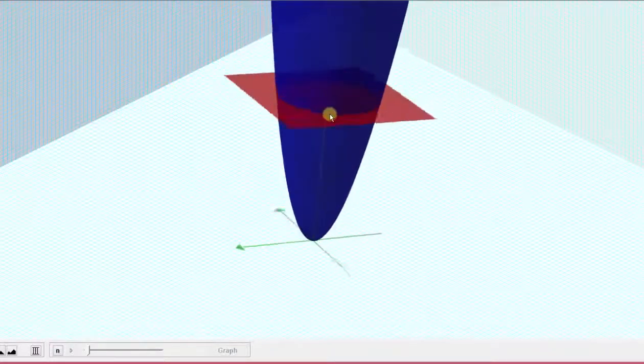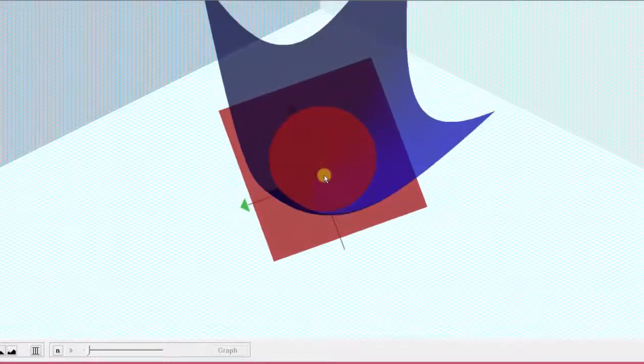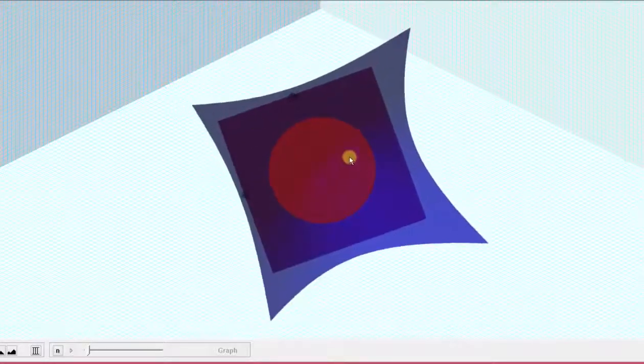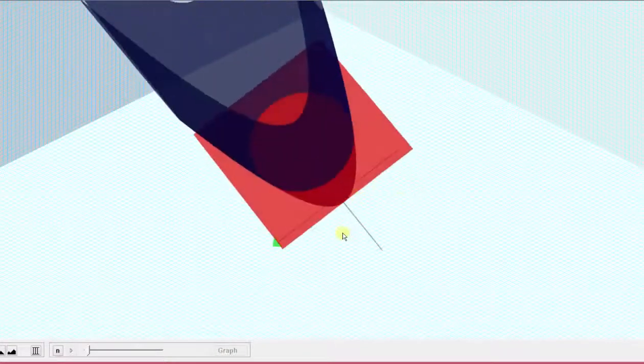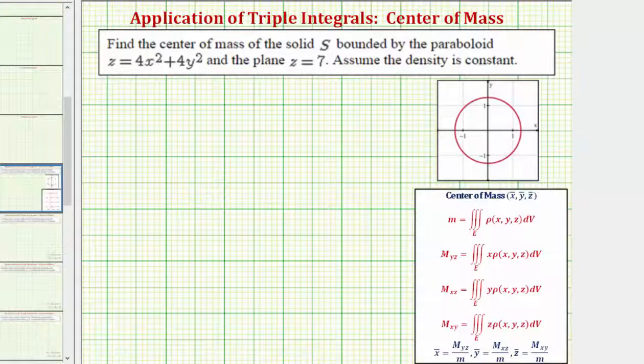If we look down on the xy plane, we can see the z equals 7 trace, which would be this circle here, which is given by the equation 4x squared plus 4y squared equals 7. So going back to our work, if we recognize that x bar and y bar are both going to be 0 because the solid is symmetrical about the z-axis and it has constant density, it's going to save us quite a bit of work.